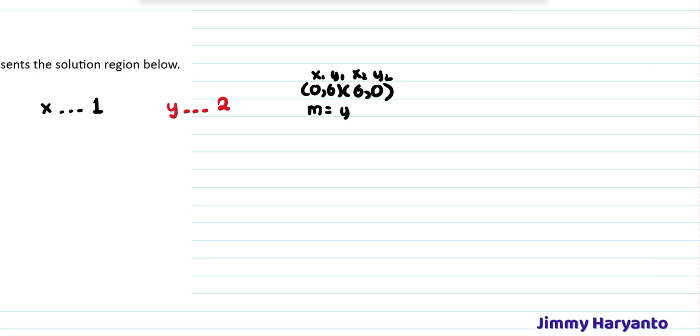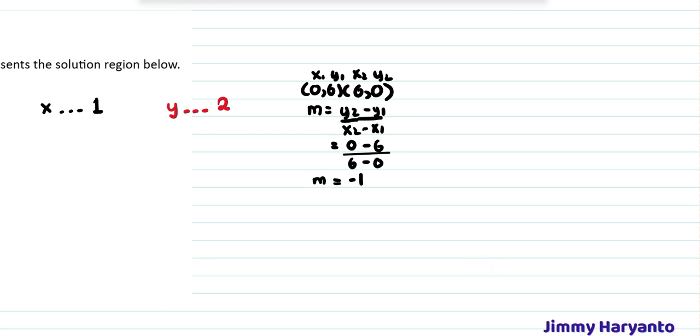The gradient is y2 minus y1 over x2 minus x1. Y2 equals 0, y1 equals 6, over x2 equals 6, x1 equals 0. So you have negative 1 as the result. This is the gradient.